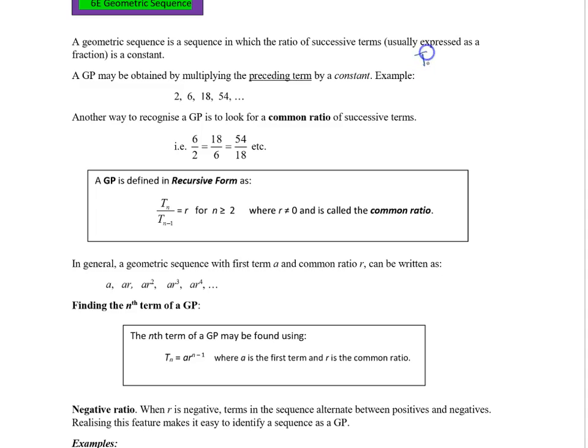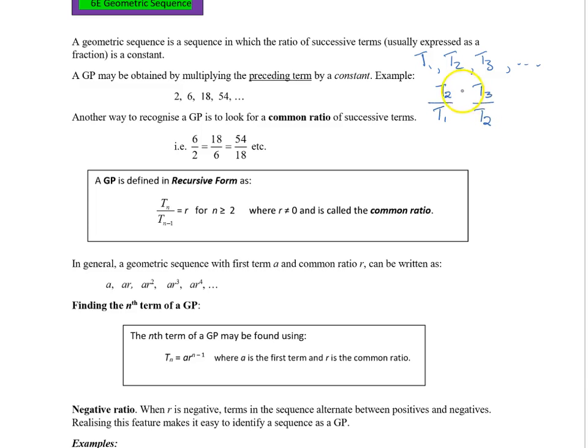Our terms are term 1, term 2, term 3, etc. To think about the ratio of successive terms, that's one followed by another one, the ratio would be term 2 over term 1. Like I said, it's best to understand ratio as a fraction here. And the next ratio would be term 3 on term 2.